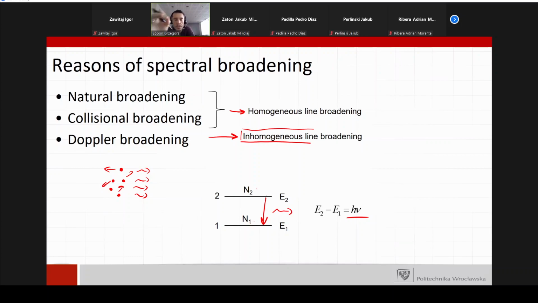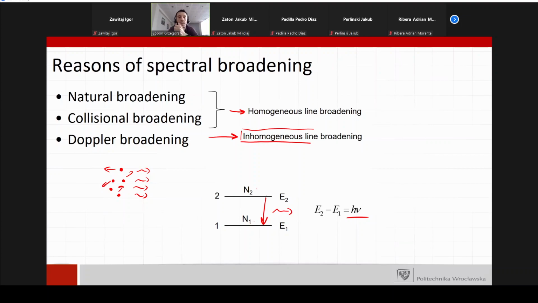In case of collisional broadening, we can assume that if we increase the pressure, then we will just increase the probability of collisions of all atoms. So we cannot just predict that some of the atoms will avoid collisions, right?